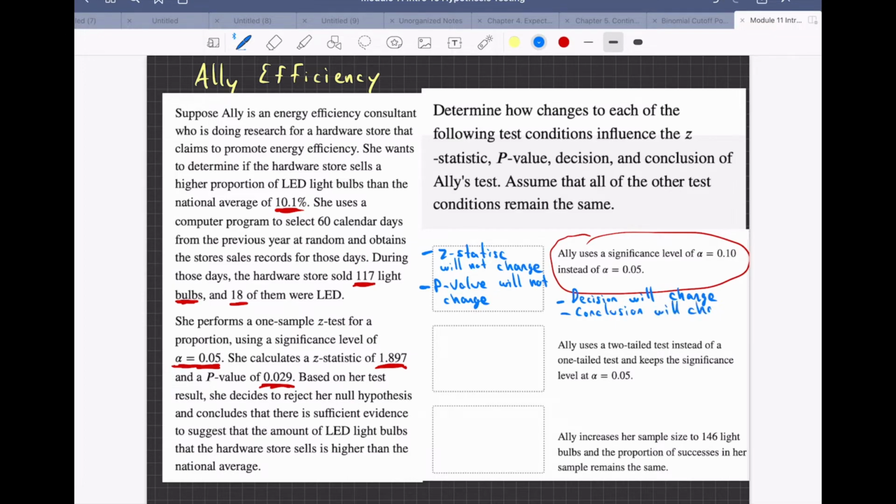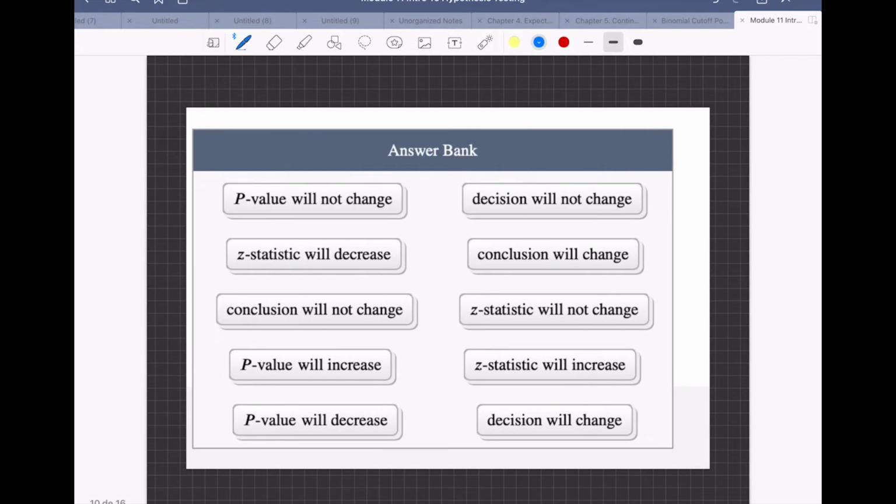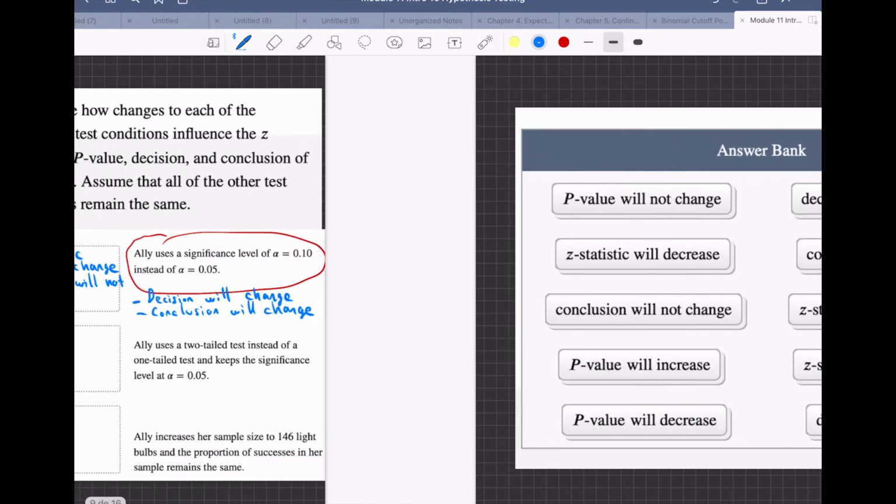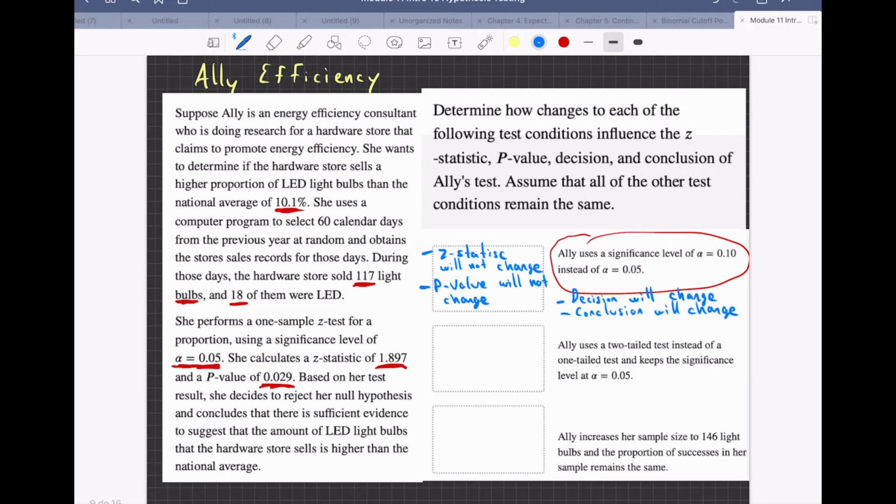Again, you're supposed to choose these answers from this answer bank, okay? Now, Ellie uses a two-tail test instead of a one-tail test and keeps the significance level at 0.05. Here, the same. C-stat won't change.